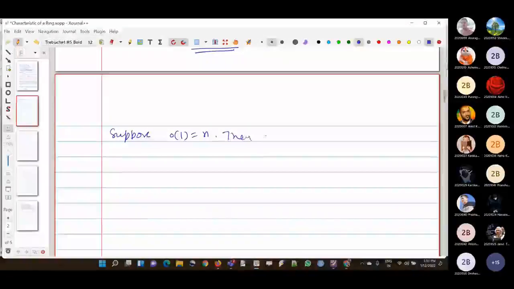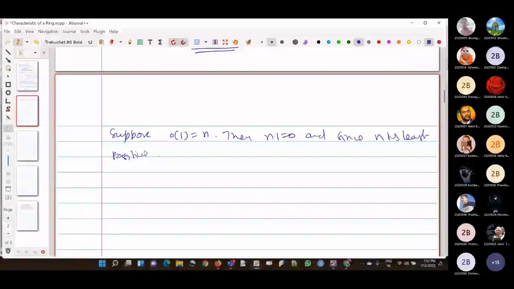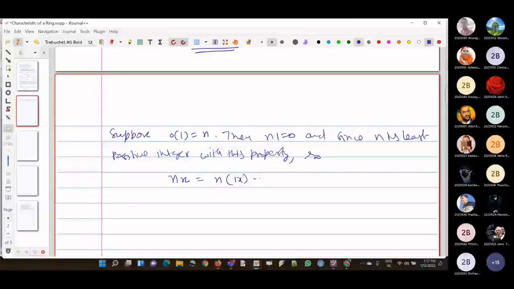Then n times 1 equals 0. And since n is the least positive integer with this property, n times x can be written as n times 1 into x, and this is equal to n times x by the associative property.